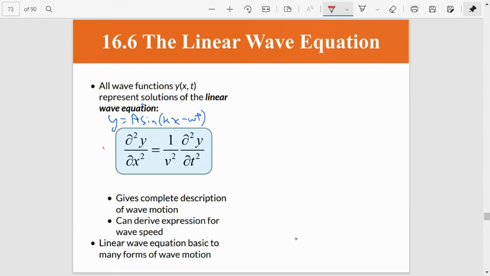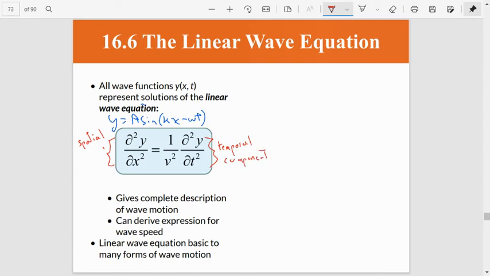So this left-hand side is a spatial component, and basically it relates that to how the wave moves over time. And that's the right-hand side. We had this term here for how the vertical position of the medium changes over time. So we have a temporal component on the right-hand side.